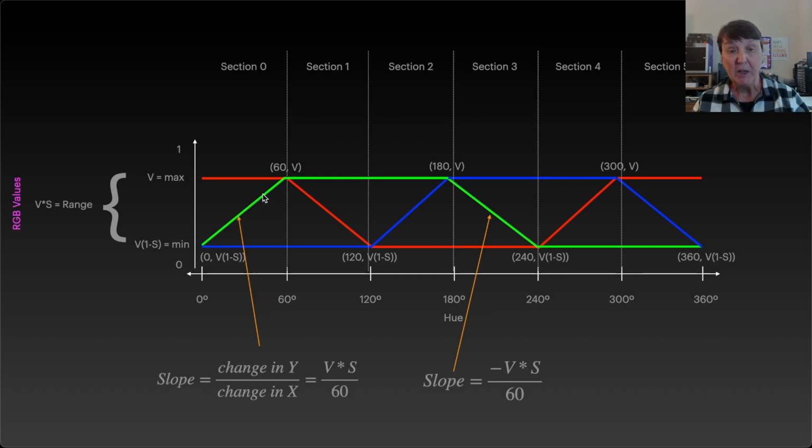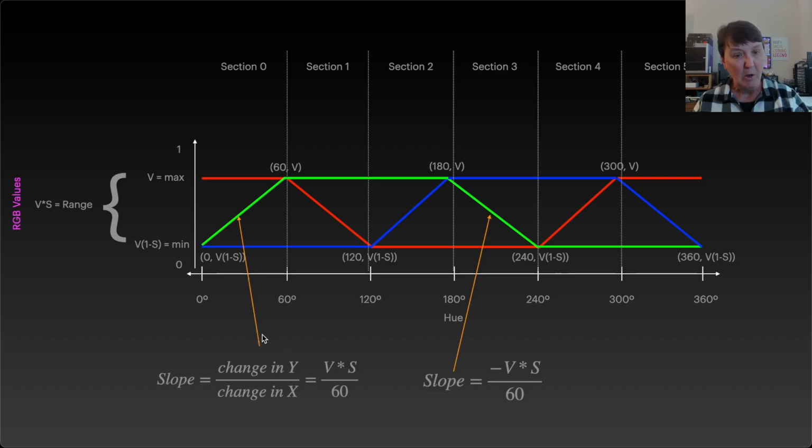But knowing what the green should be, well, I need to know the formula for this line, and specifically I need the slope of this line. And as I started thinking about it, slope is simple. It's just the change in y over the change in x. So if I go from 0 to 60 degrees, my change in x, I now know that the range is the value times the saturation.